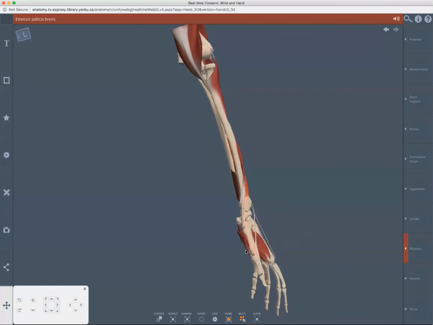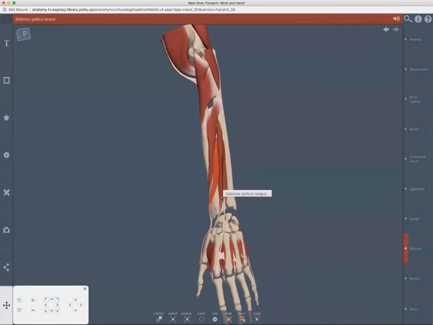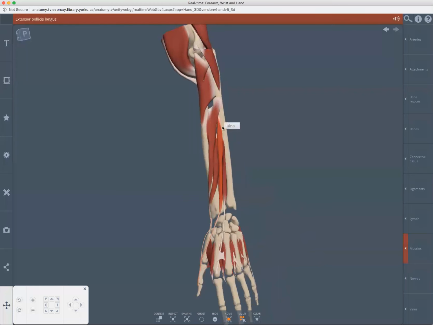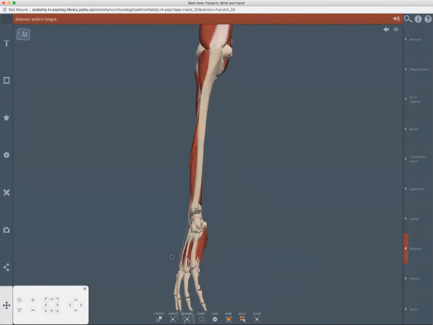And it's coming down here to the proximal phalanx of the thumb. The extensor pollicis longus, the muscle belly starts up a little higher than brevis, okay? And then the tendon goes a little further. So that's why it's longest, because it is a longer muscle, and it's going all the way to the distal phalanx of the thumb, okay?